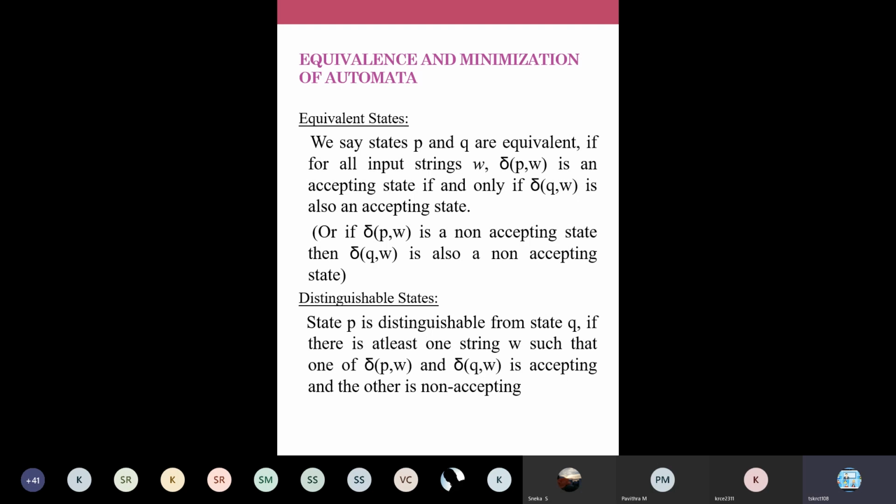For example, if your given DFA has 10 states, I have to convert that DFA into a minimized DFA with some 4 states or 3 states, where that resultant DFA must also recognize the same set of strings. It must also represent the same language.